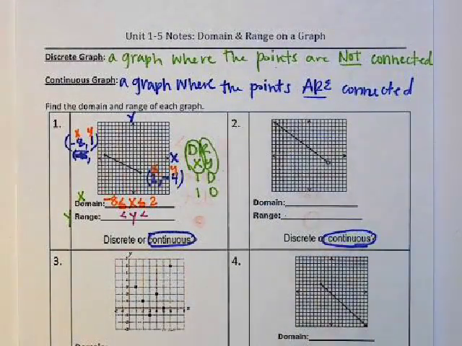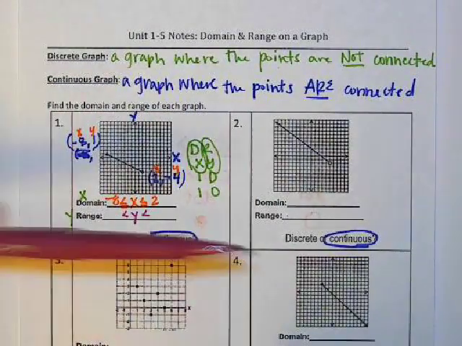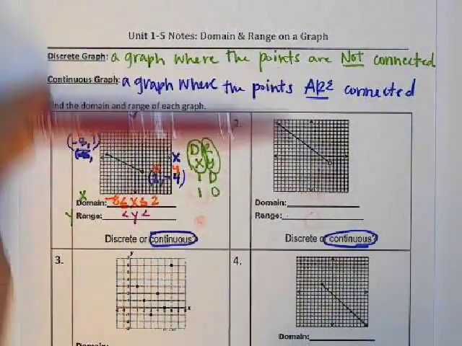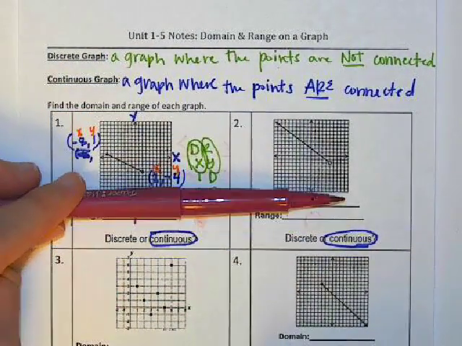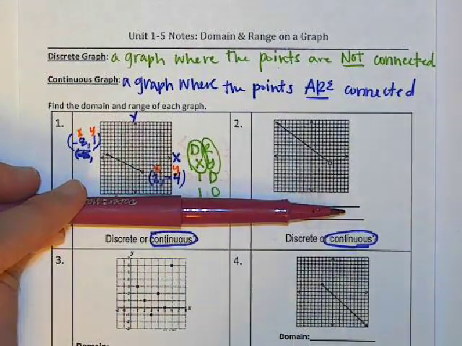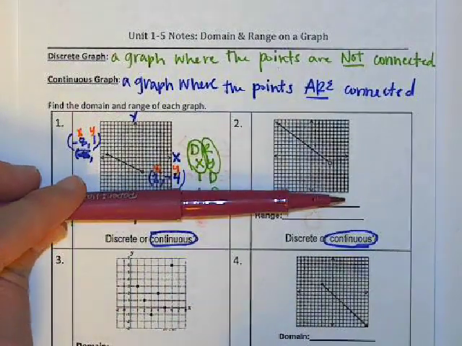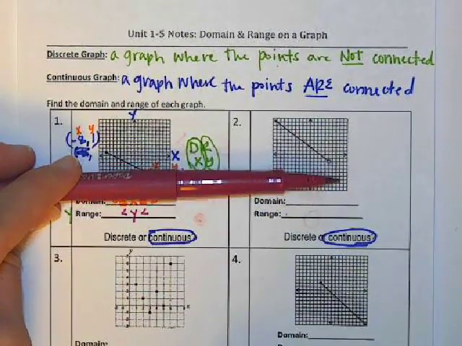Now, x goes side to side like you're reading a book. Y goes up and down like an elevator. When you get on an elevator, you start at the bottom, right? You just walked into a building, you're on the bottom floor, and you're about to get on an elevator. The very first floor that you hit is this dot right here.